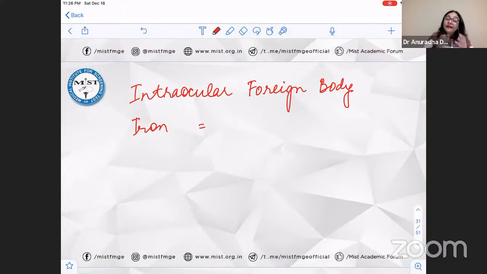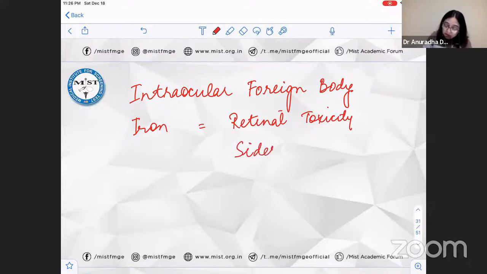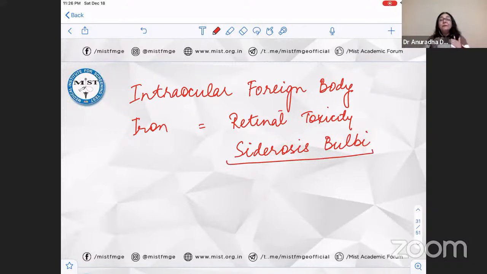It can cause retinal toxicity, and the condition is known as ocular siderosis, or siderosis bulbi. If the iron foreign body remains retained inside the eye and you do not remove it, it can cause retinal toxicity. The second common one is copper.